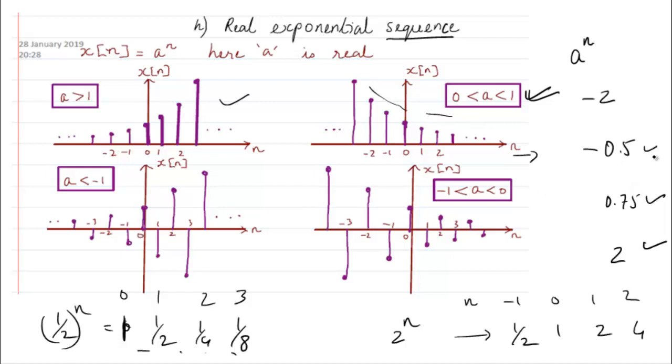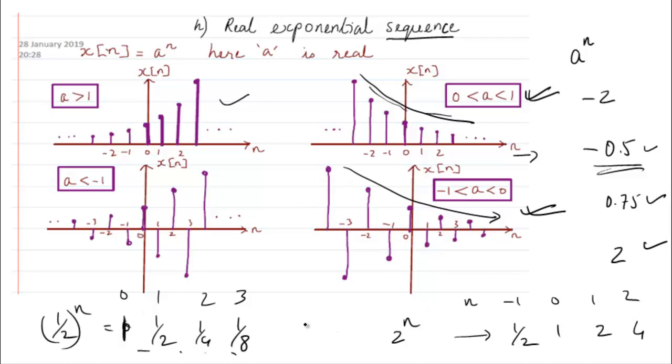Now if its value is negative and between 0 and 1, which is this case, you will find that the decaying is happening again, but its values are alternate. Why its values are alternate is because we have a negative value here.